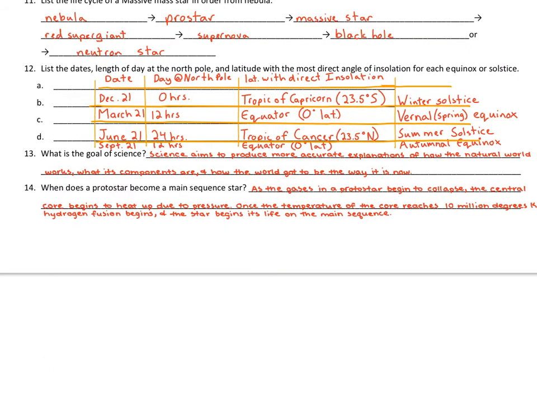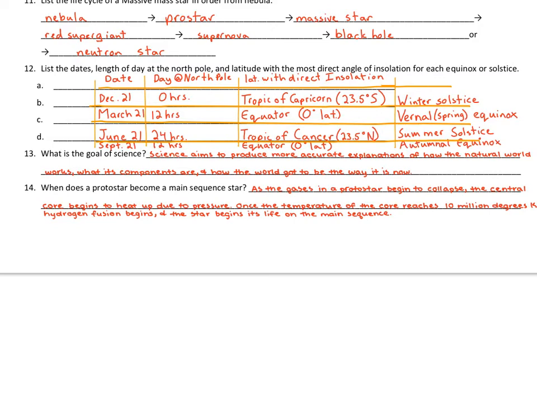On to the seasons. List the dates, length of day at the North Pole, latitude of the most direct angle of insolation for each equinox and solstice. So, we start up here with the winter solstice. That's December 21st. That is the shortest day of the year in the northern hemisphere, so the North Pole will receive 0 hours of day.